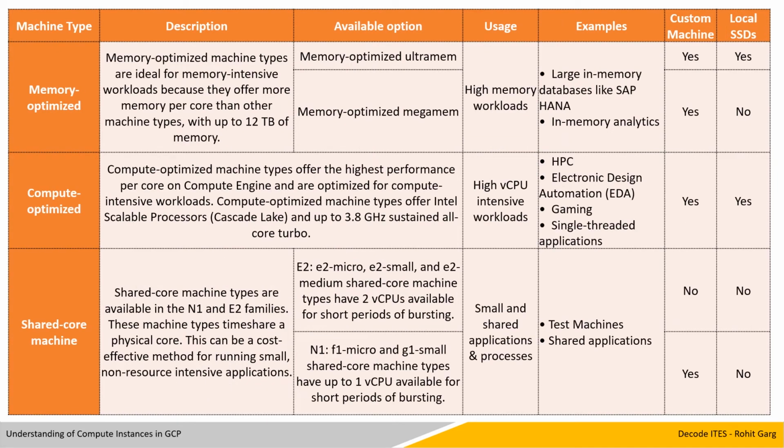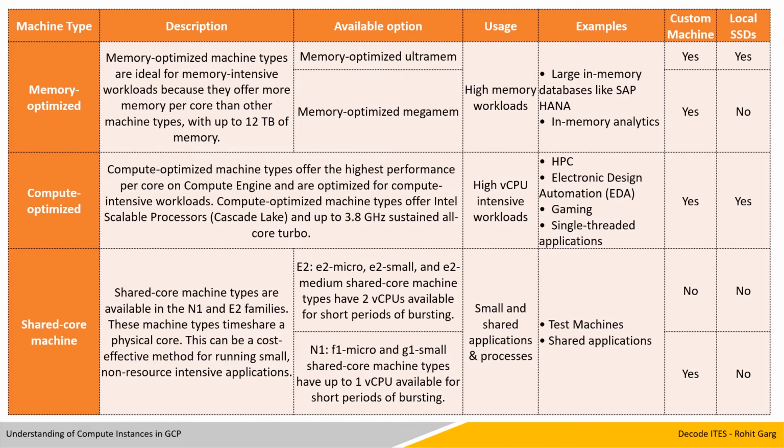Next type of machine is memory optimized. Memory optimized machines are ideal for memory intensive workloads because they offer more memory per core than other machine types. Up to 12 terabytes of RAM is available per machine. These machines can be divided into two types: memory optimized UltraMem and memory optimized MegaMem. Usage, as mentioned, is high memory workloads.